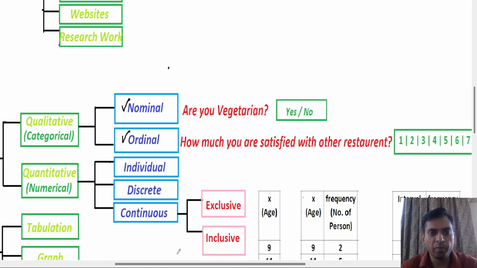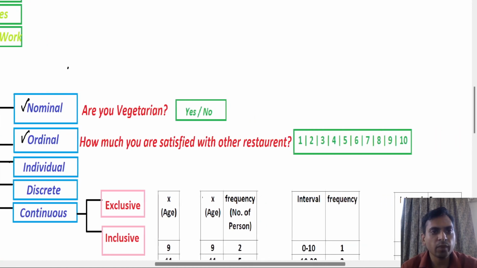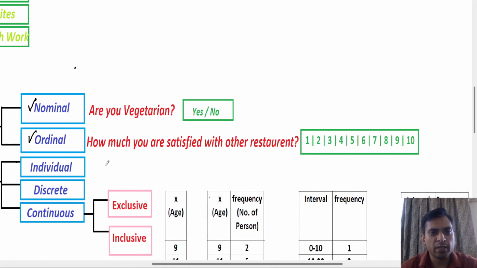So what is the difference between nominal and ordinal? Suppose in your questionnaire your question is, are you vegetarian? You will say either yes or no. Only two answers are there. Or suppose your question is related to gender. The answers may be fixed, you are 100% sure: male, female or transgender. So when you are 100% sure about your answer and your answer is in limited forms, this is considered nominal data.